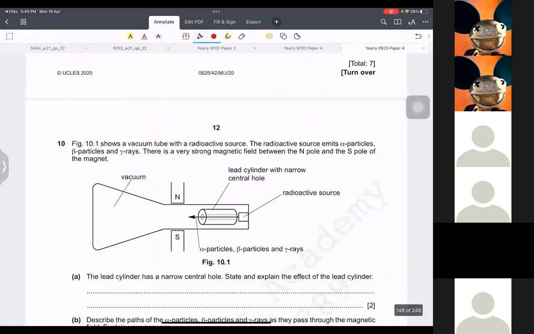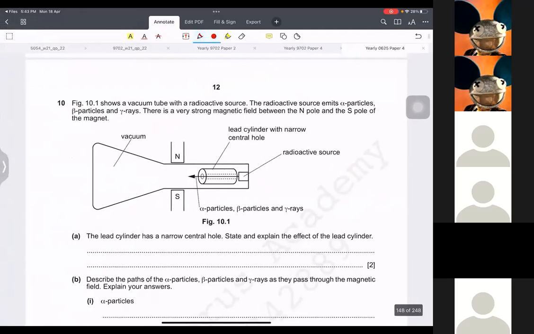Now, question number 10. The lead cylinder has a narrow central hole. State and explain the effect of the lead. It absorbs radiation. Of what? Of gamma rays.